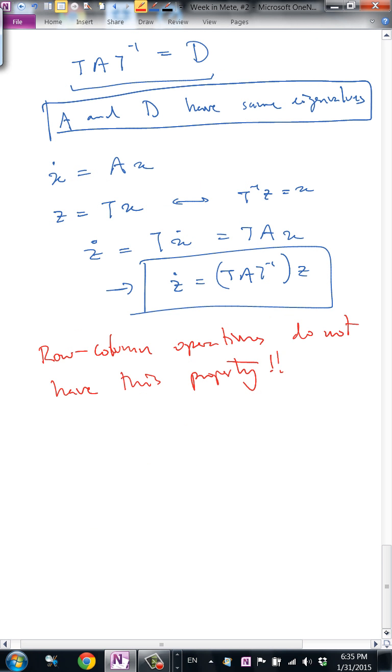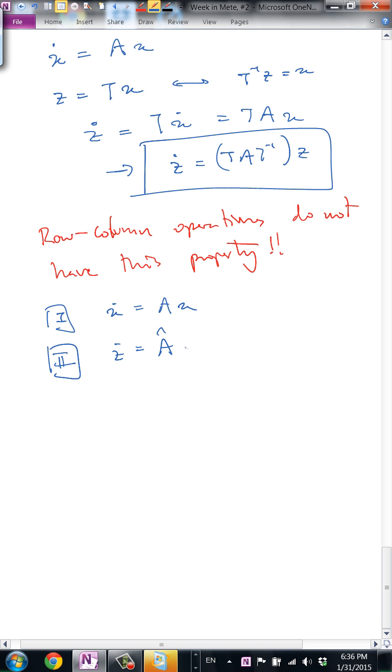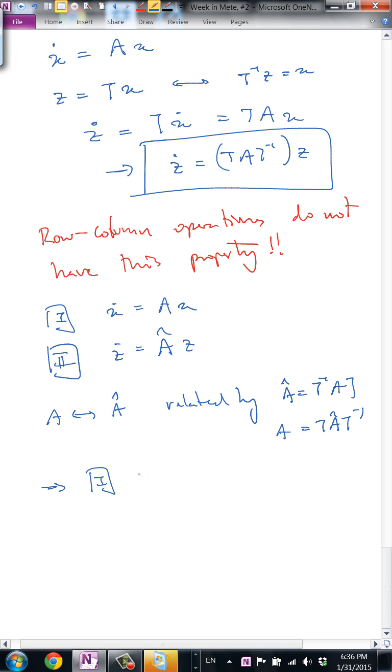In other words, what this means is that if we have system 1, x dot is equal to Ax, and system 2, z dot is equal to A hat z, and A and A hat are related by A hat is equal to T A T inverse, or equivalently, A is equal to T inverse A hat T. This means that system 1 and 2 are the same under a change of coordinates.